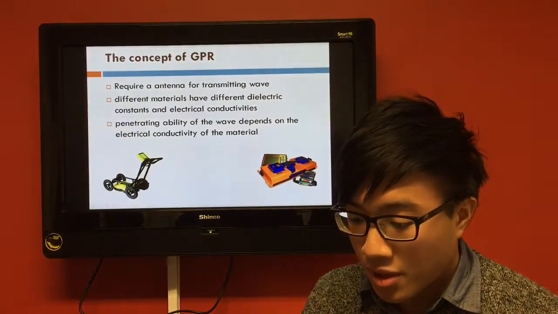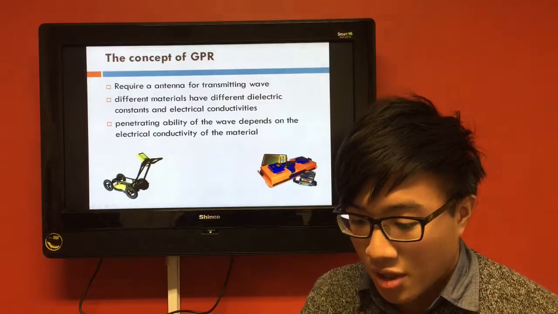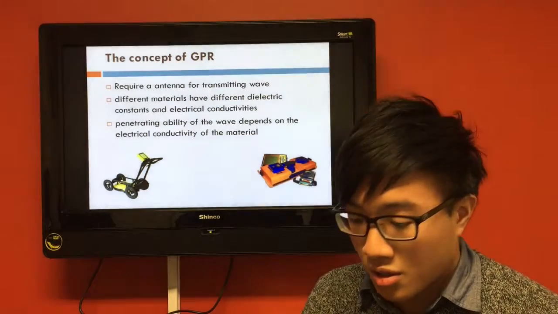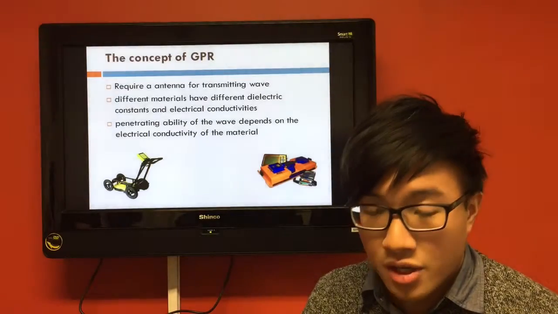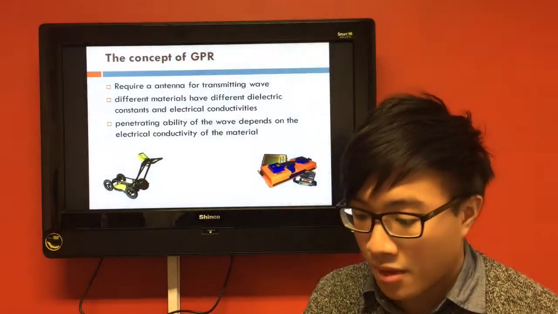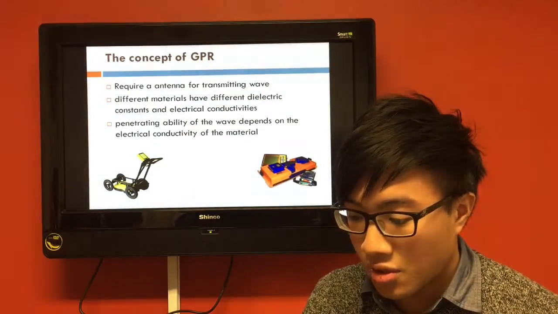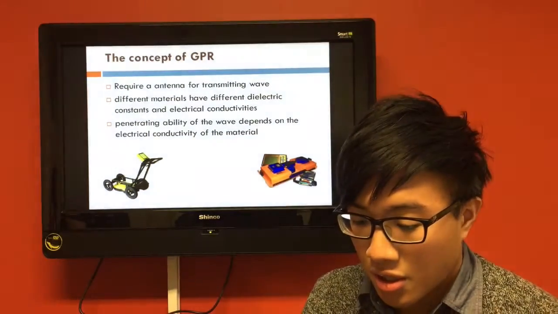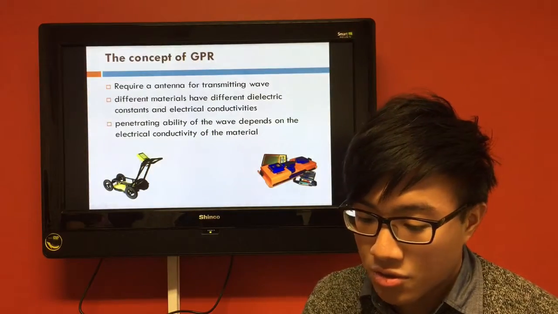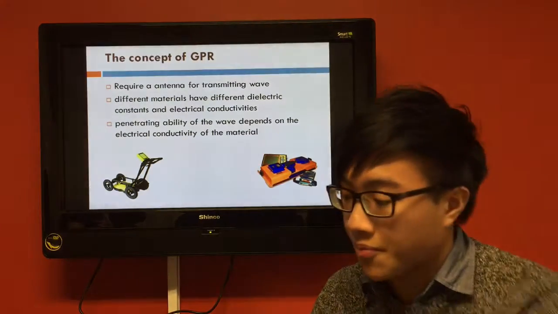The depth of penetration is reduced by increasing electrical conductivity. The transmitted wave contains a certain amount of electromagnetic energy. If the electrical conductivity of the material is great, the energy will be dissipated into heat, hence consuming the electromagnetic energy.